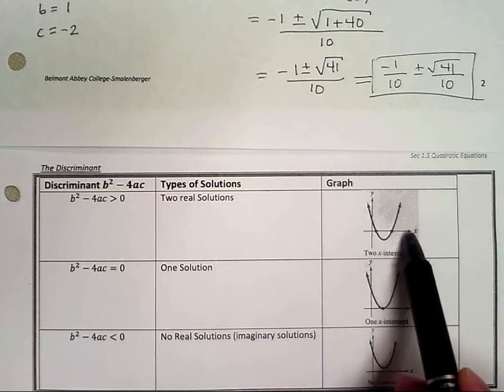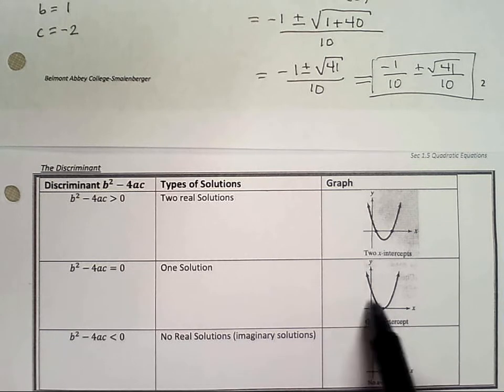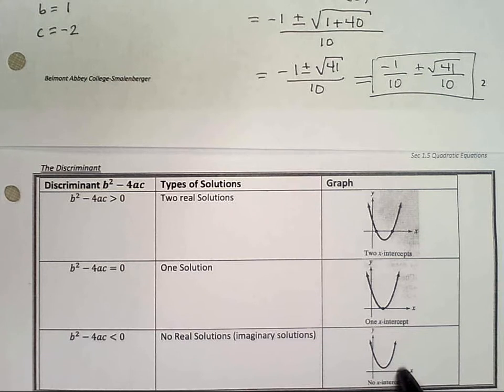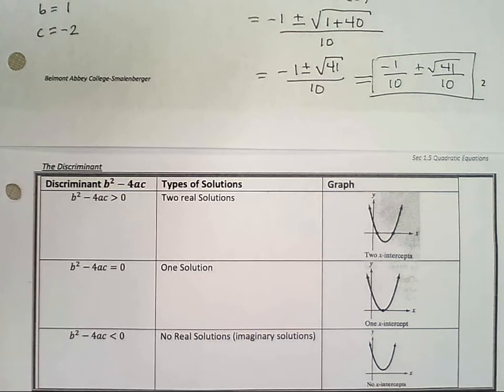So we could have 2 real solutions, we could have one solution, and we could have 0 solutions, right? So what does that mean about checking your work for these problems? Is there a way to do that?